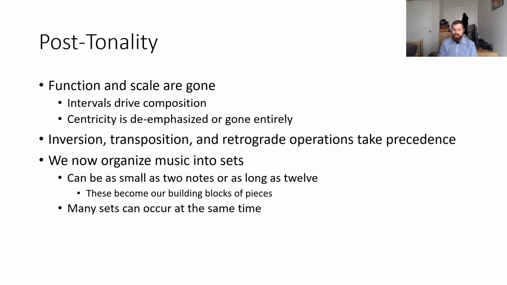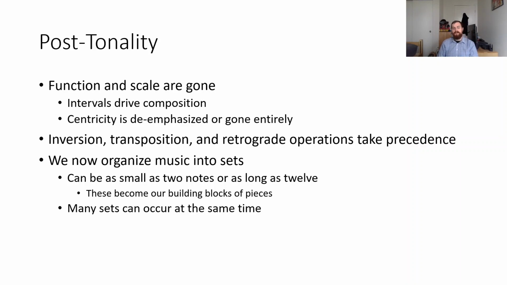Transposing, which we know, and then retrograde, where you reverse the order of pitches. So instead of doing this, you do this, right? This gets increasingly complicated as these operations can be combined. So you can have a retrograde inversion, you can have something transposed.